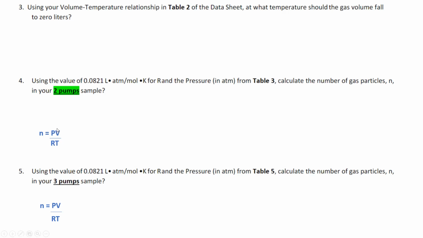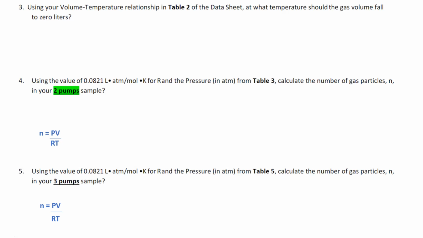The volume, I believe, in table 3, I don't remember if it was held constant or not. I'd have to go back and look. It tells you what value to use for R, and you'll get also the temperature from the table, and you'll solve for N to see how many moles of gas were in that 2-pump sample.